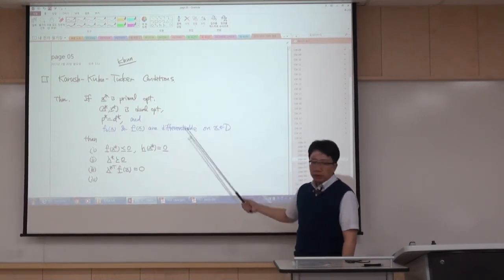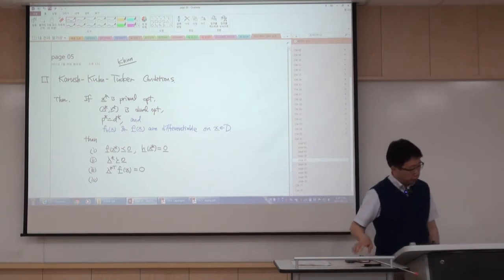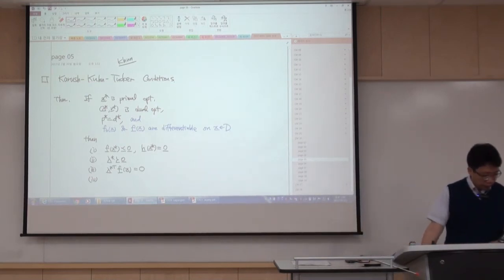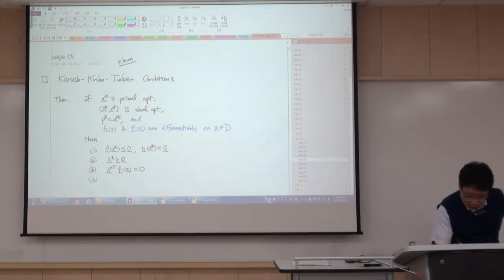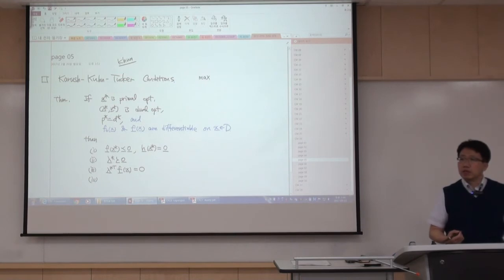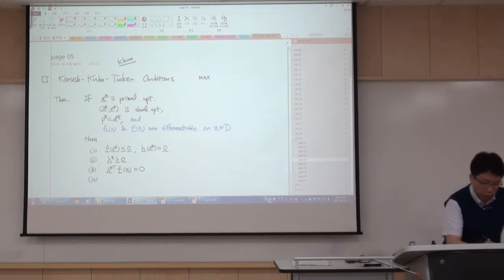Why is differentiability so important? It's because of this. Remember, you want to minimize the Lagrangian dual function.